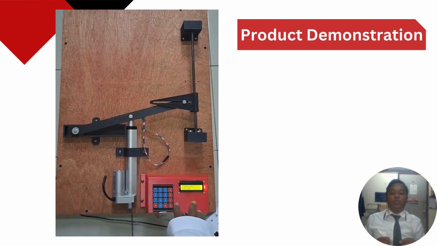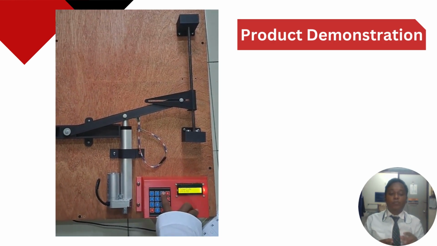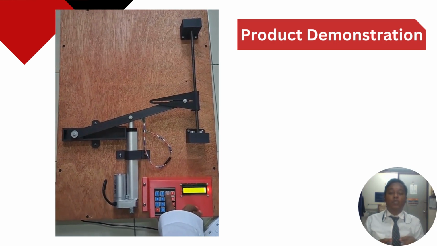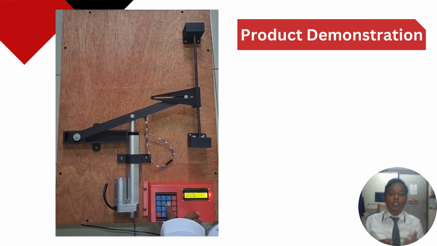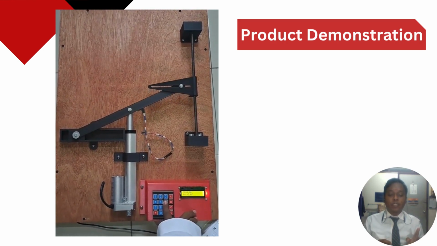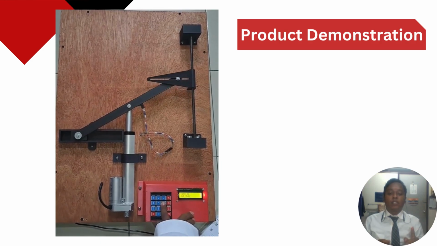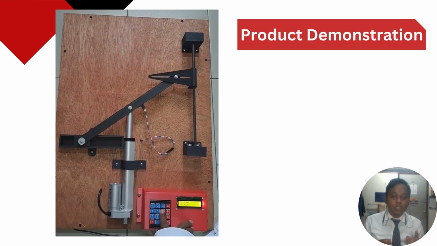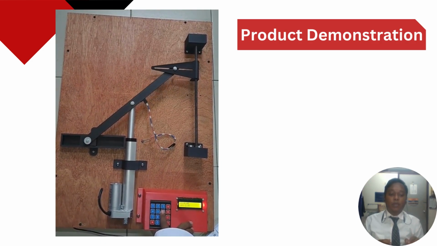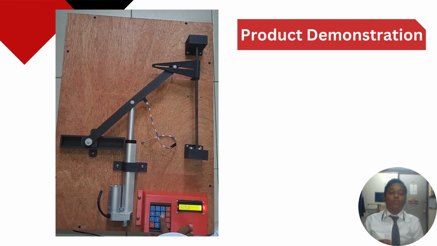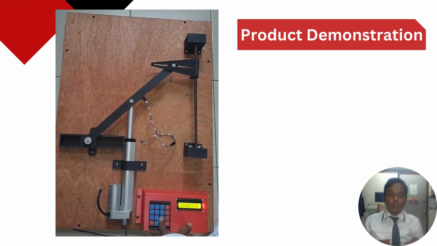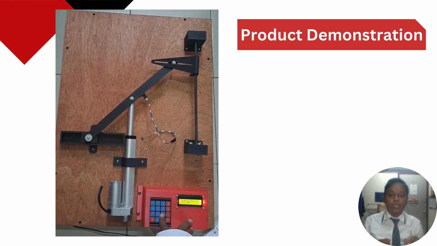So this is our product demonstration. When we press 1, the actuator will move upwards alongside collar D and slider C, while slider A will move to the right. Then we just press 6 to stop the system. We continue the system when we press 9.